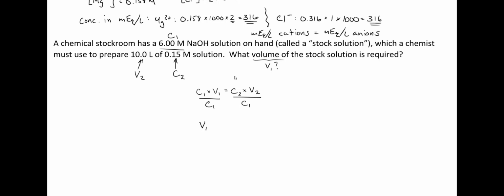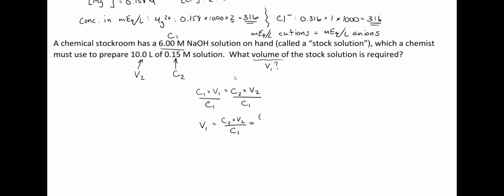This gives us the rewritten form of the equation, C2 times V2 divided by C1 equals the starting volume. Now, all we have to do is substitute in the values that we labeled.